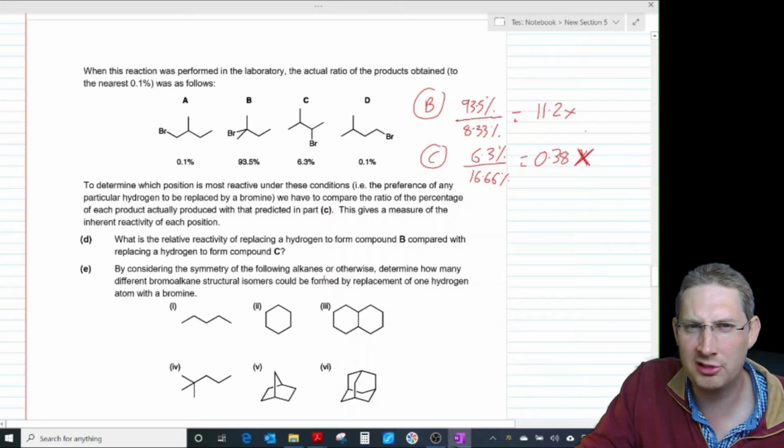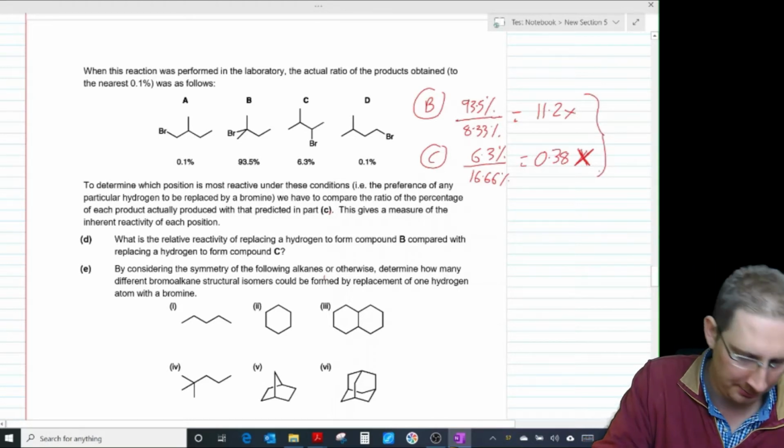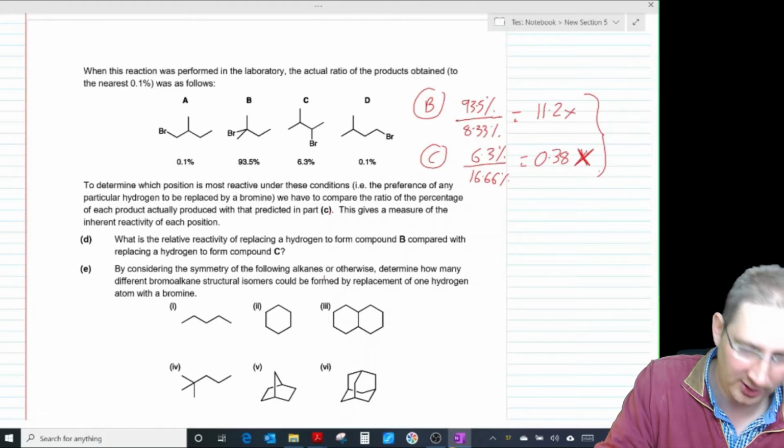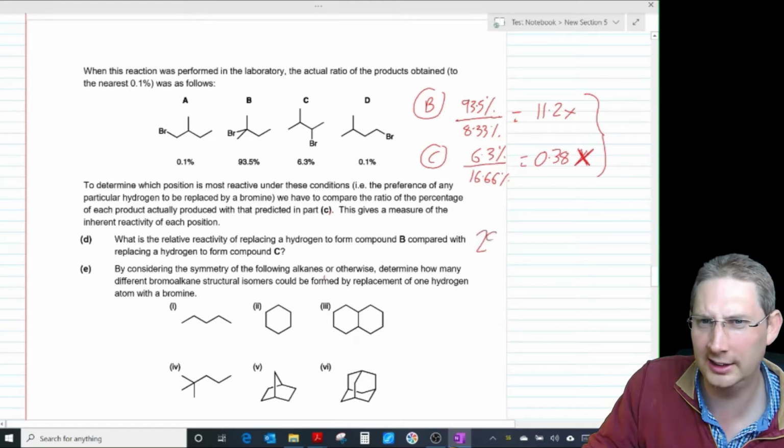So I'm presuming that what I do is compare those numbers, 11.2 divided by 0.38, and say it's 29 times more likely.